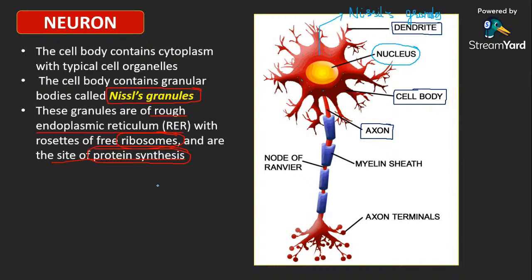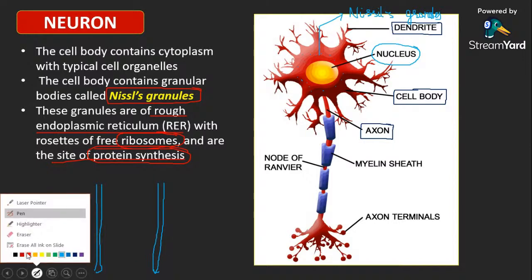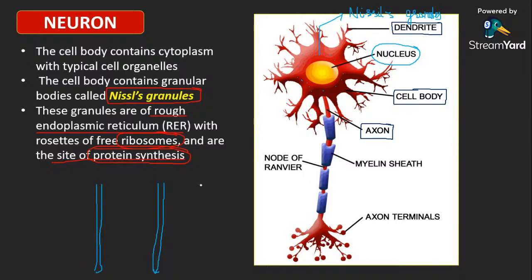Clear? So guys, as I've already told you, the axon is the lengthiest dendron or dendrite. In certain neurons, I'm drawing two different axons. In case of certain axons, you will find that the axon is protected by an external covering like this.